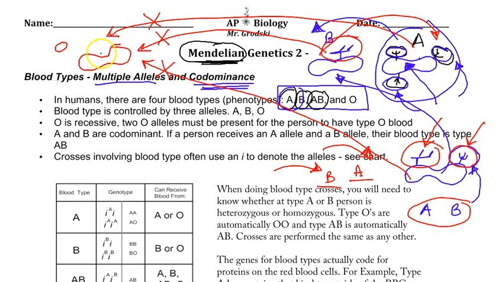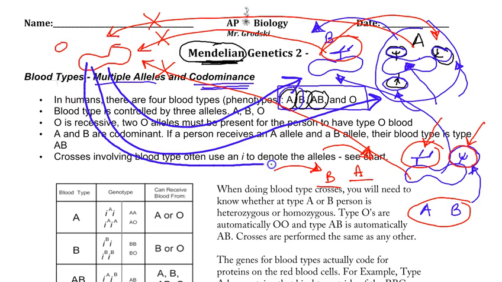However, because it doesn't have any proteins that recognize it to be a certain type of A, B, or AB, you can actually donate this to every one of these cells. Think about it. Why could you donate O to people with blood type A or blood type AB or blood type B?